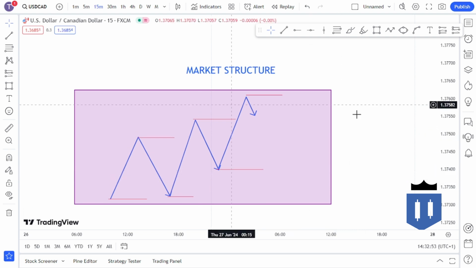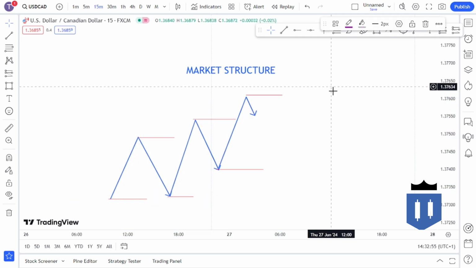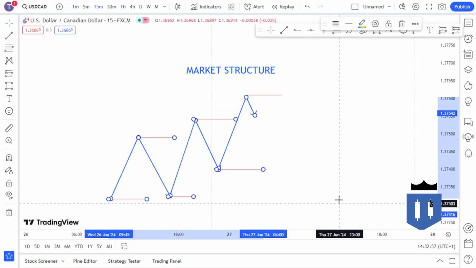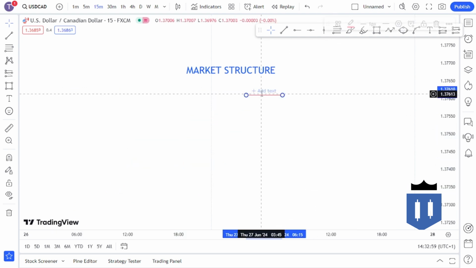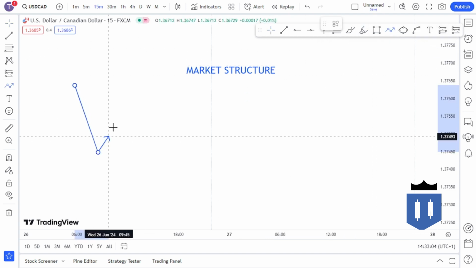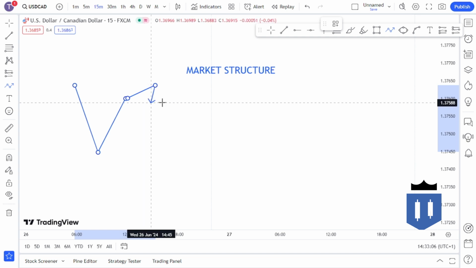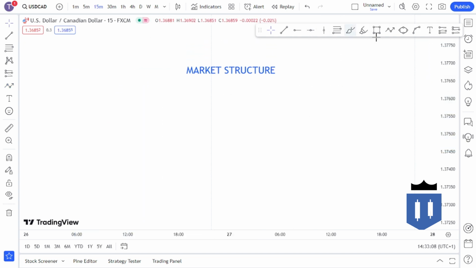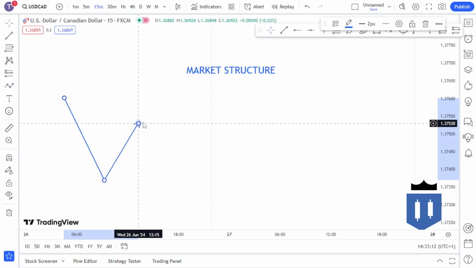Okay, so let's look at how a downtrend is. A downtrend is most likely going to look like this. First of all, let me start again. So first of all, we have this, we have this, we have this.